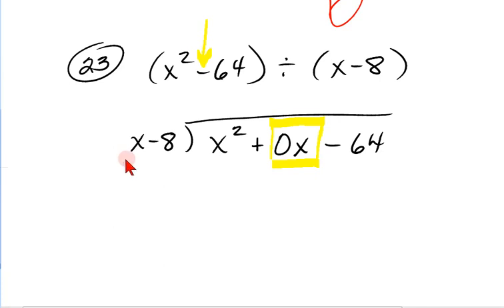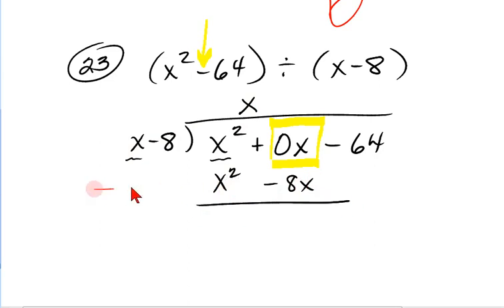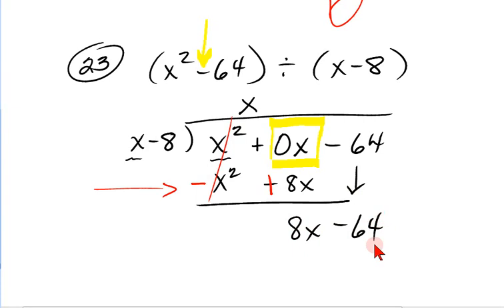So now I start over and I compare. What do you have to multiply x by to get x squared? X. X times x is x squared. X times negative 8 is negative 8x. Change my signs, minus, plus. Those cancel. I have 8x, and I bring down minus 64. Do my little comparison again.